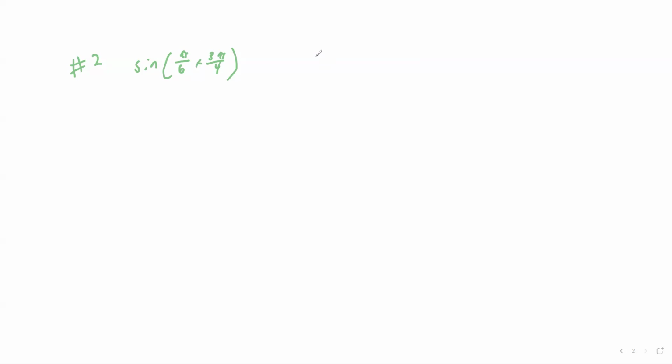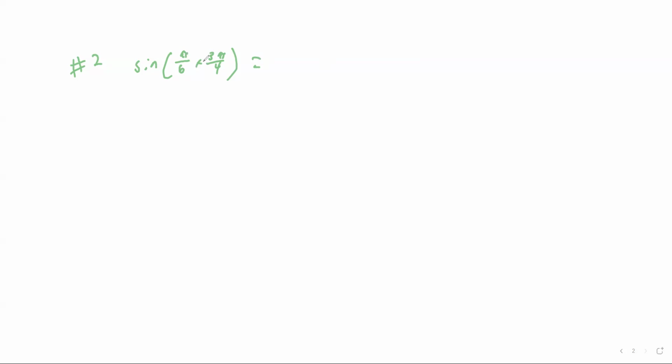So for starters, it separates it for us. Later on down the road, you're going to have to separate it on your own. We do have pi sixth and 3 pi fourths on our unit circle, and using the sum and difference identities, we can use this to separate it.